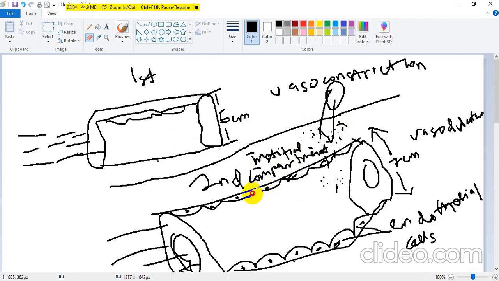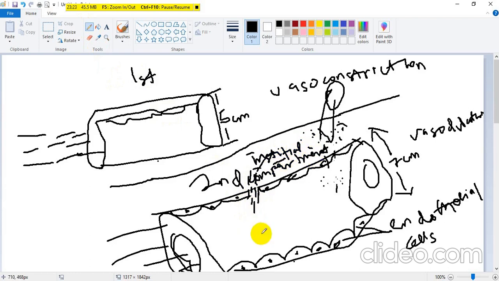When there is a break in the skin, the cells of the blood vessel will retract. There will be holes, gaps between the cells. The gaps lead to the production of proteins, chemicals, and cytokines at the site of infection.